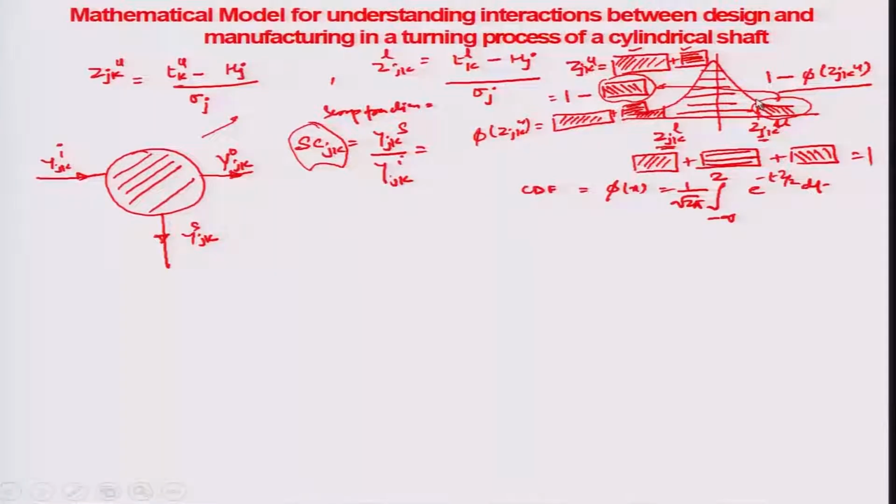Exactly that is the reject because of being unable to meet the upper specification limit. So, here this comes out to be equal to 1 minus phi of Z_jku plus phi of Z_jkl. That is how you define the scrap coefficient.